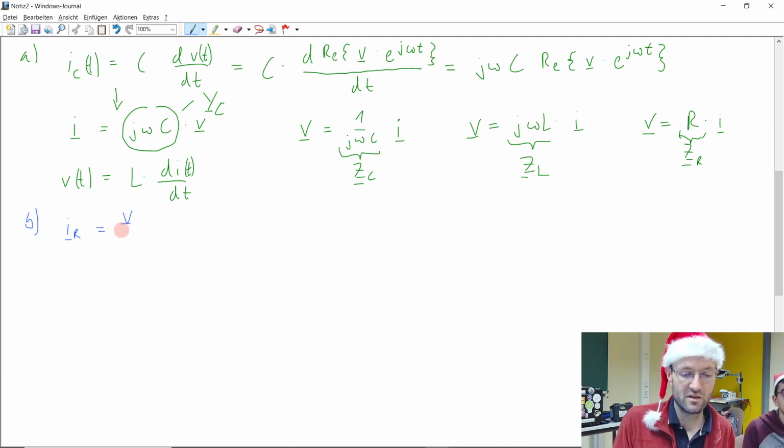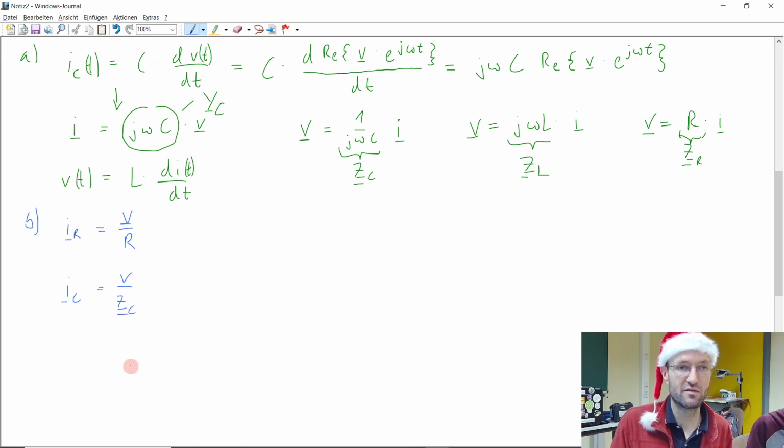V by R. So we take our complex voltage phasor and divide by R. The current through the capacitor, we take our voltage and divide by the impedance of the capacitor. Or here I could have also written not R but ZR.